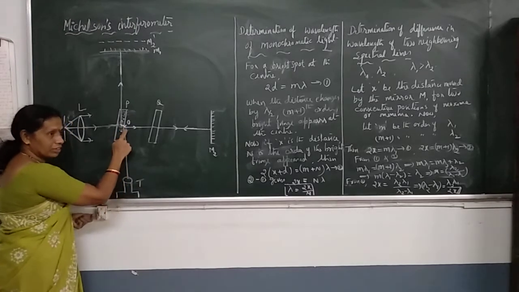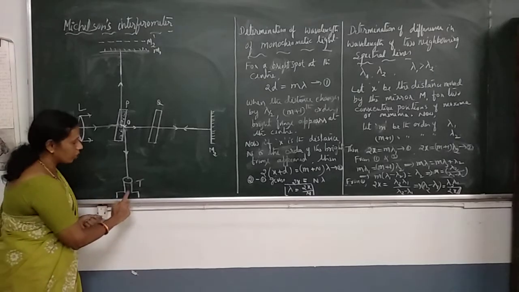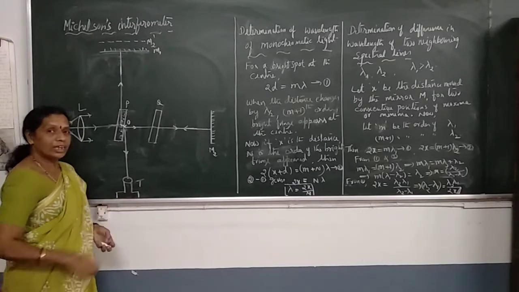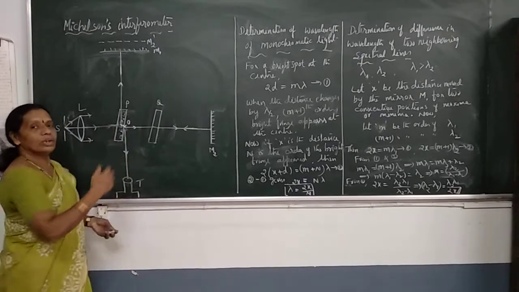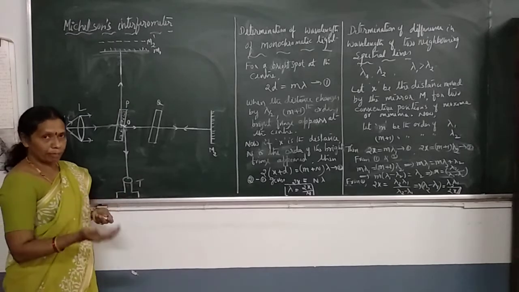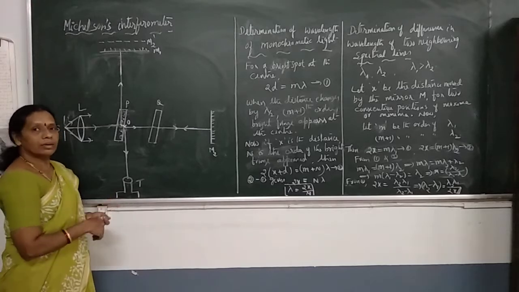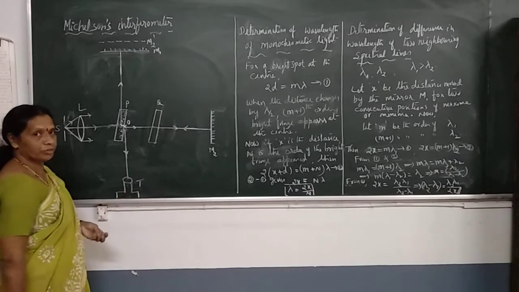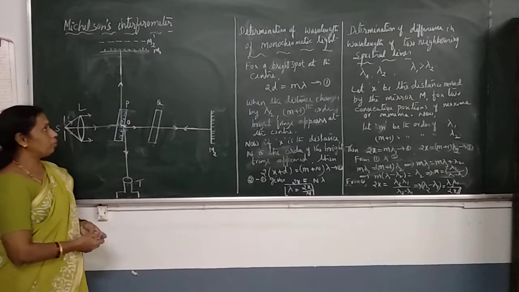The interference fringes are viewed in the telescope, in the field of view of the telescope. This is how the interferometer, by adopting the method of division of amplitude, derives coherent sources, and hence it produces the interference fringes. This is the working of Michelson's interferometer.